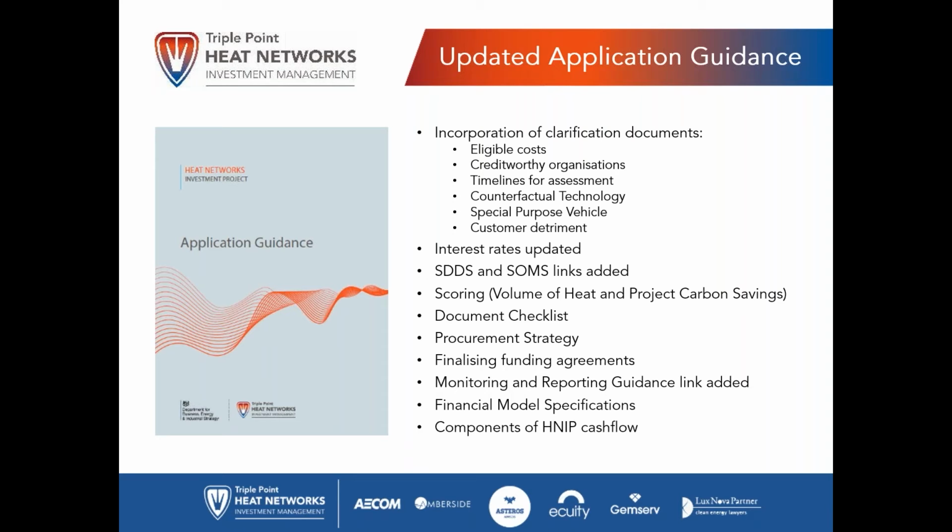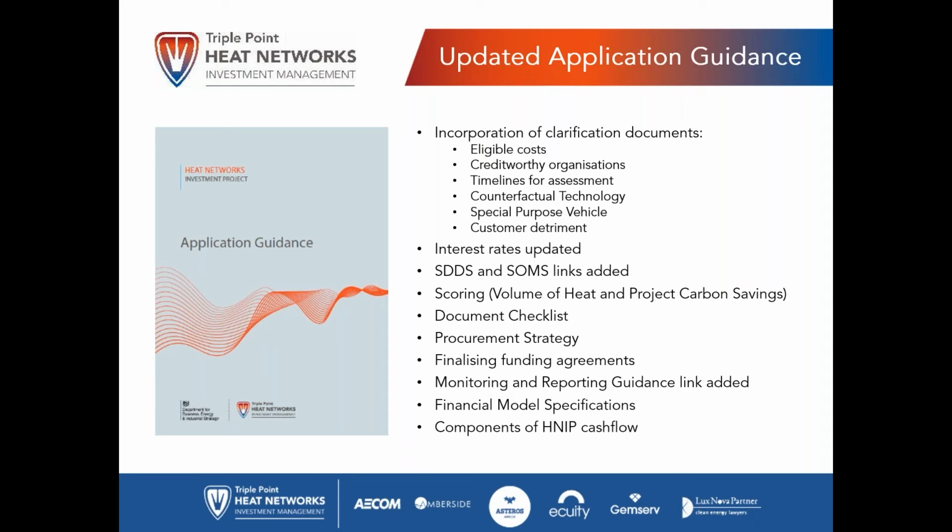There's a few other things that we've added or updated. The interest rates that are commented on within the document have been updated. Obviously, these are subject to change on an ongoing basis, but we've brought them up to date.